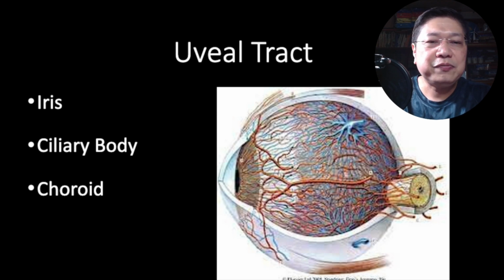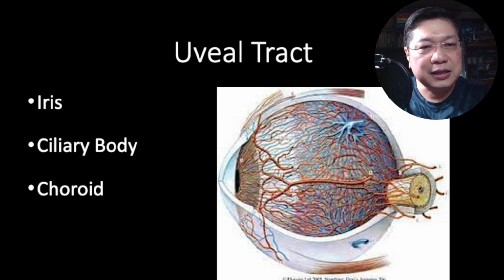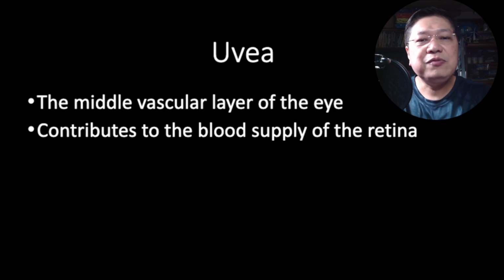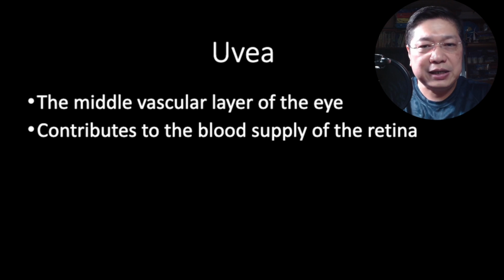It's the colored part of your eye, the big ciliary body behind the iris, and the choroid that's surrounding the eyeball. It's basically just beneath the sclera. Now, it's the middle vascular layer of the eye, and it contributes to the blood supply of the retina.